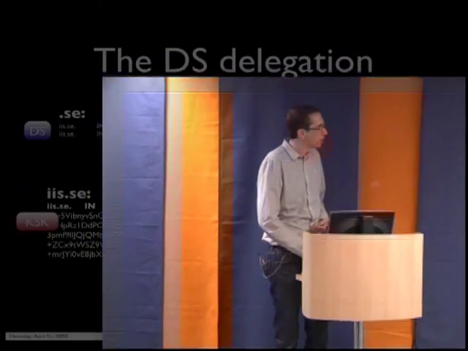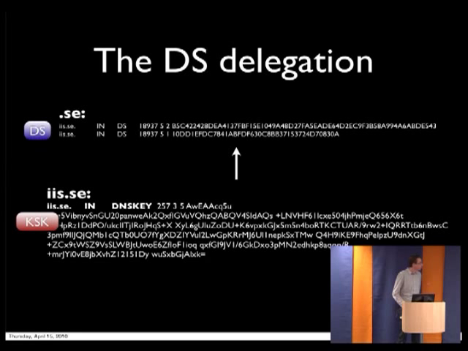What this looks like is that if you have one key for is.se that you want to publish, you get two DS records in the SE zone if you use the domain manager. Any registrar can of course choose which hash algorithms to use. We basically allow any kind of algorithm to be used.